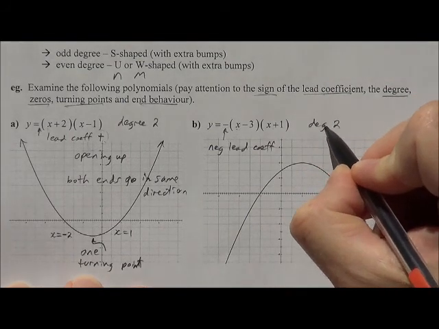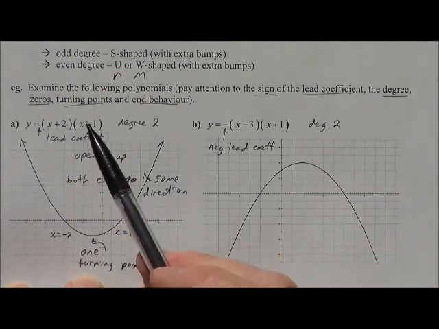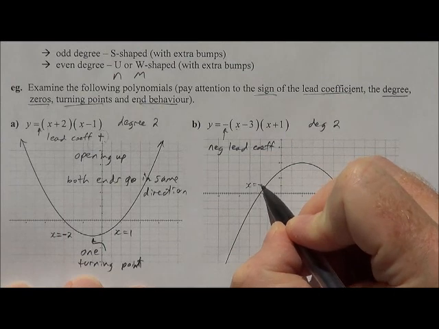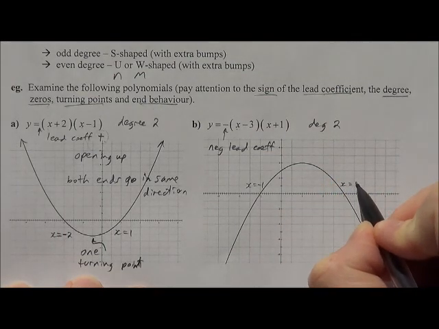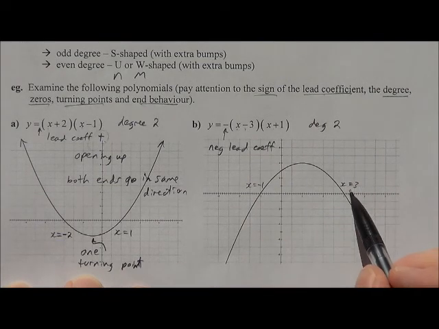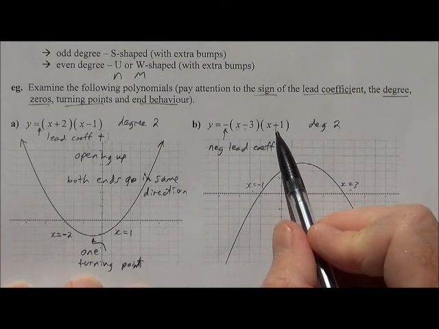We know it's degree 2 because it's a parabola. The zeros here are x equals -1 and x equals 3. Notice how these compare: the factor x minus 3 with the zero x equals 3, and the zero x equals -1 with the factor x plus 1.